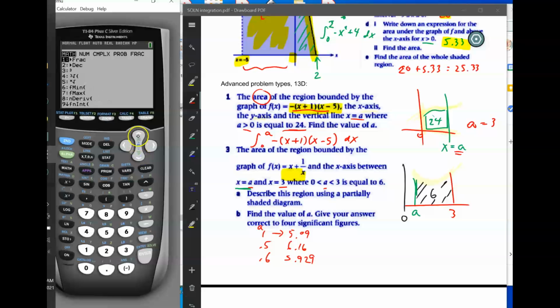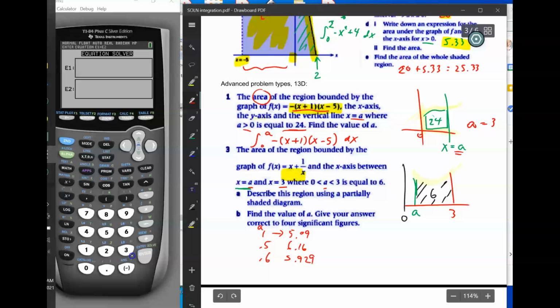There it is, solver. With the solver, on the left side you put your integral expression, and the right side you put 6, and then it tells you what value is going to give you exactly the area of 6.